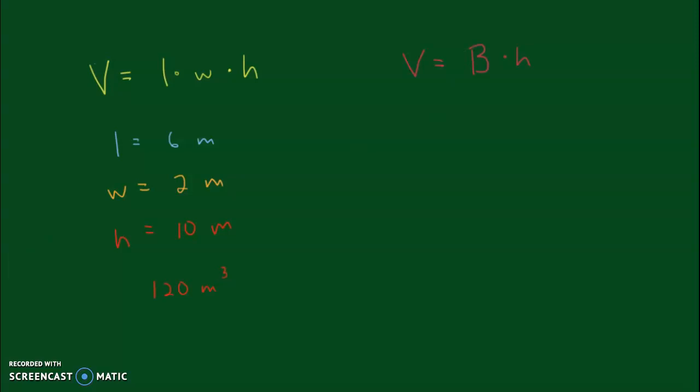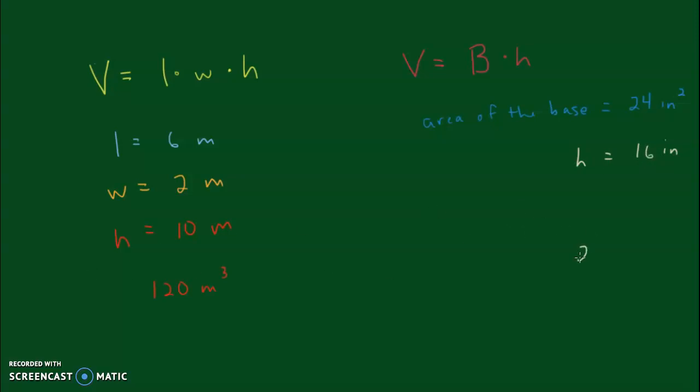For our other problem here, let's say the area of the base was 24 inches squared, because area is 2 dimensions, and then we had a height of 16 inches. What would the volume be?